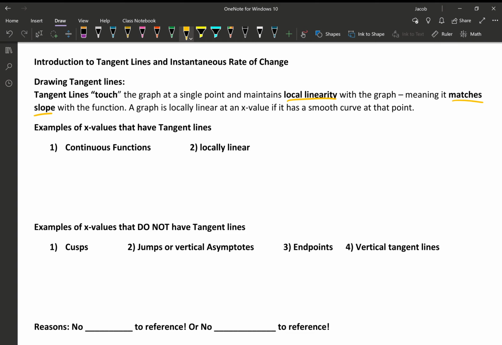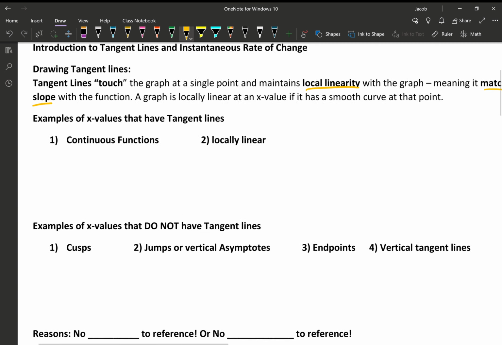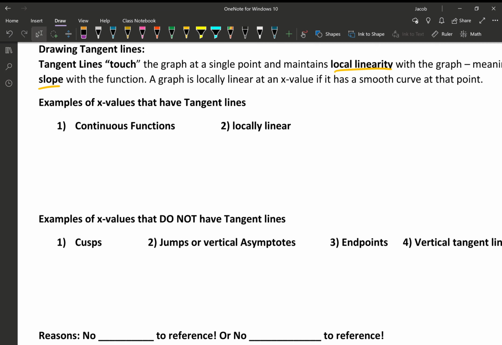So we need to state a couple of examples of x values that have tangent lines, because there are some x values that do not have tangent lines. So I'm going to draw some coordinate axes here so we can get some examples in. Any continuous function, so we can have a polynomial. So here's just like a cubic.